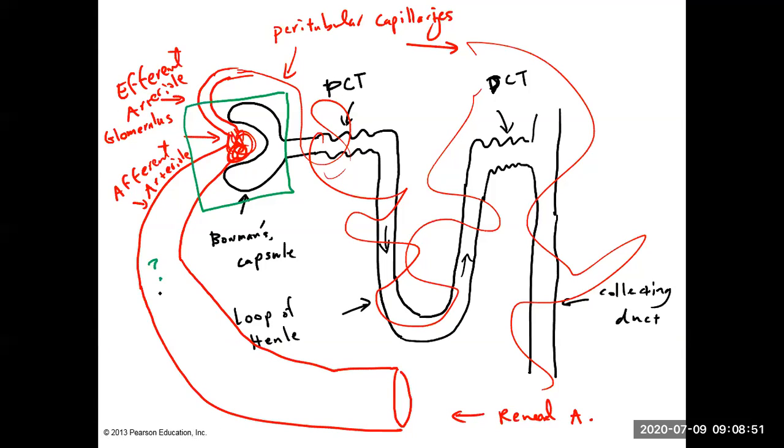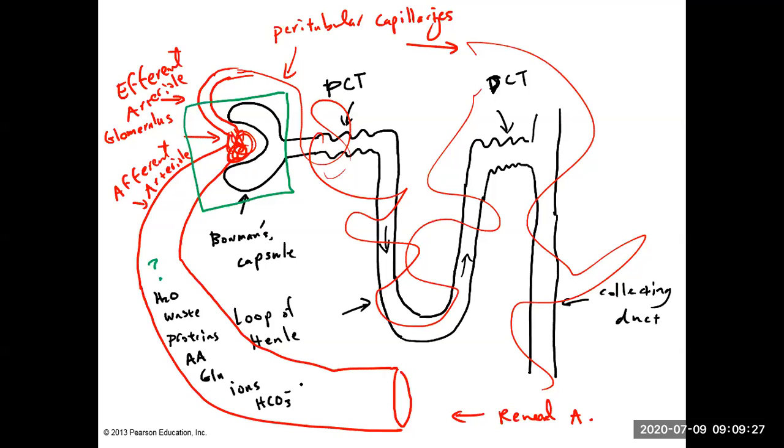You could think about this: we have water in our blood, we have waste in our blood, there are proteins in our blood, we have amino acids in our blood, we have glucose in our blood, we have different ions in our blood, we have bicarbonate HCO3 minus in our blood, we have, what else?